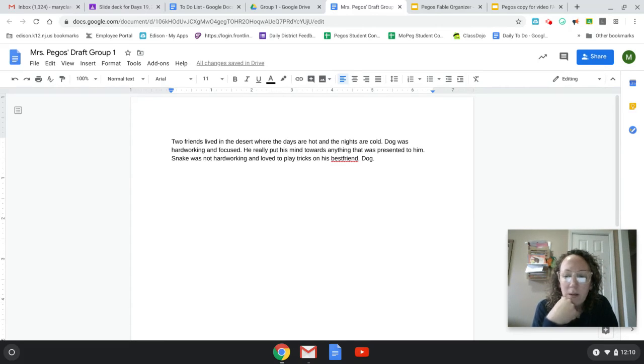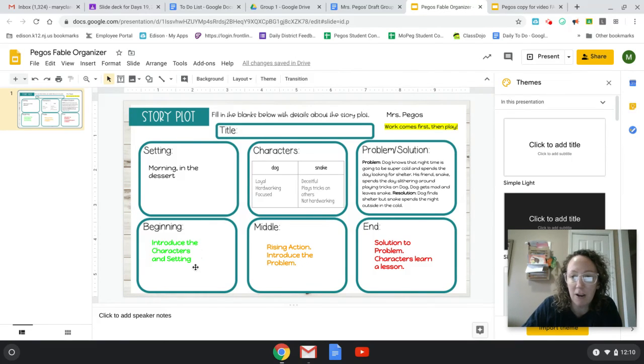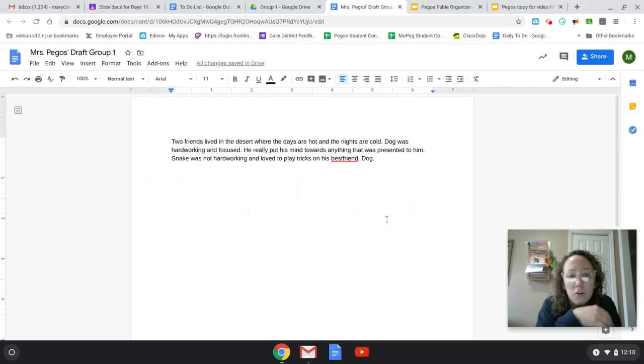So let me reread my beginning. And what we said was that a beginning introduces the character and setting. So two friends lived in a desert where the days were hot and the nights are cold. Dog was hardworking and focused. He really put his mind toward anything that was presented to him. Snake was not hardworking and loved to play tricks on his best friend, Dog.